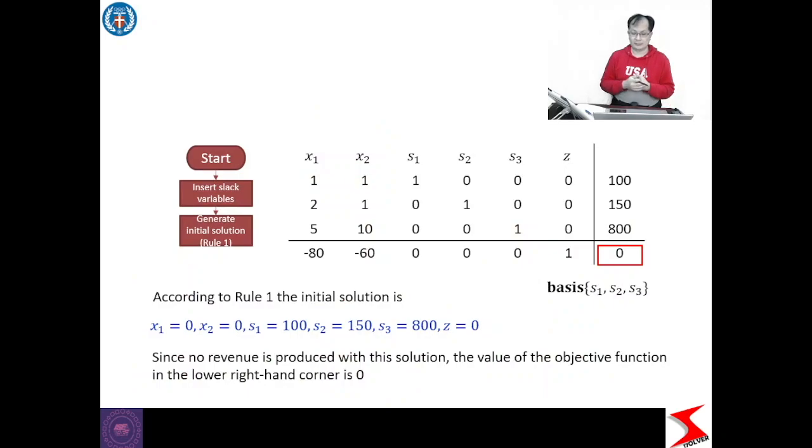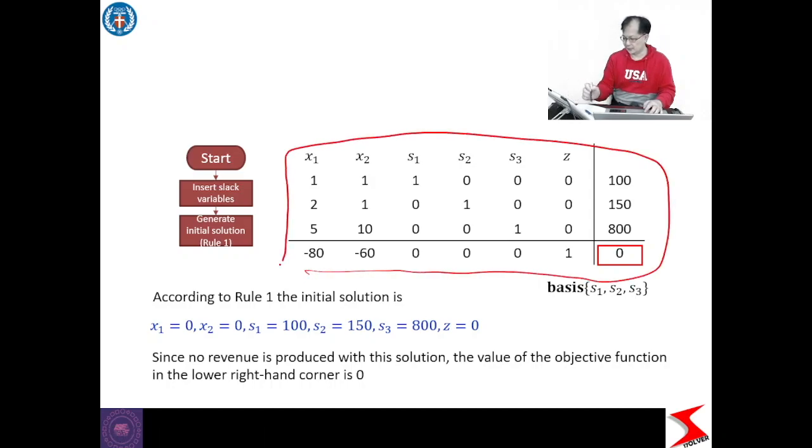Next, I will give the Farmer Jones example from the start to the end. Okay, so the first step is to insert slack variables and generate the initial solution. When we get the first tableau here, we can see the basis is these three, right?